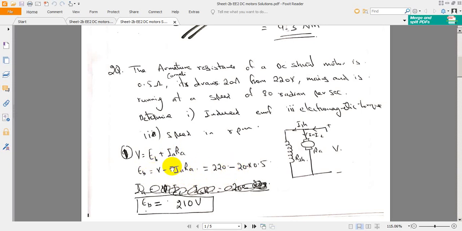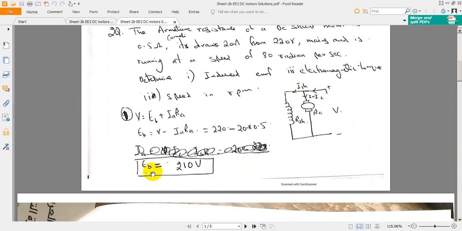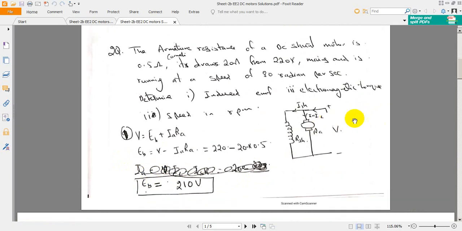V value is 220, Ia is 20, and the armature resistance is 0.5. You will get back EMF of 210 volts. What you can observe is that the back EMF is less than the terminal supply voltage, whereas in generators the generated EMF Eg will be greater than the terminal voltage.